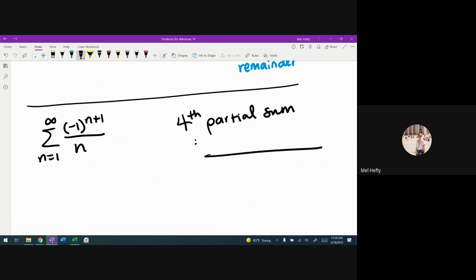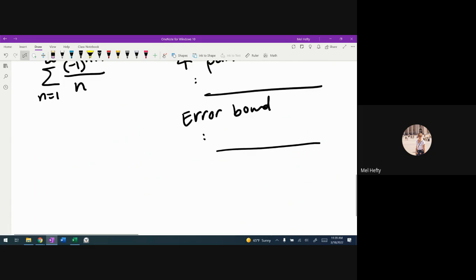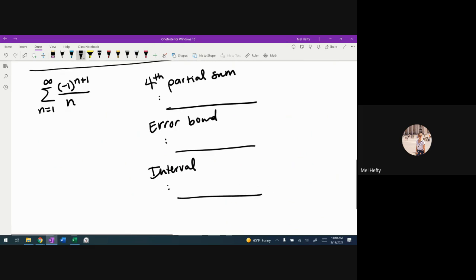All right, I want you to find the 4th partial sum, the error bound. So this is the one with the 3 blanks, and the interval. There's a reason why we're doing this. I gave you an easy series to deal with here. You know the question we just did?